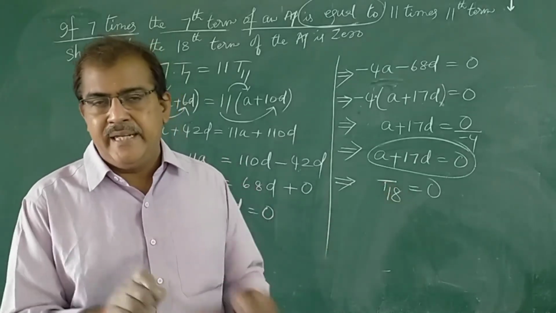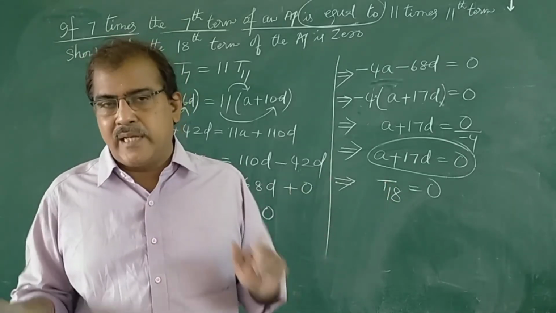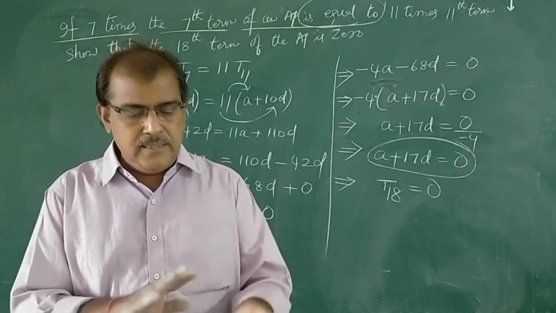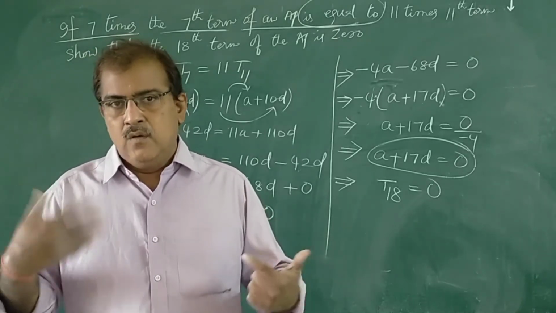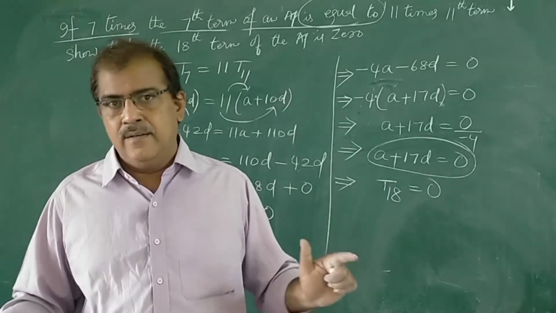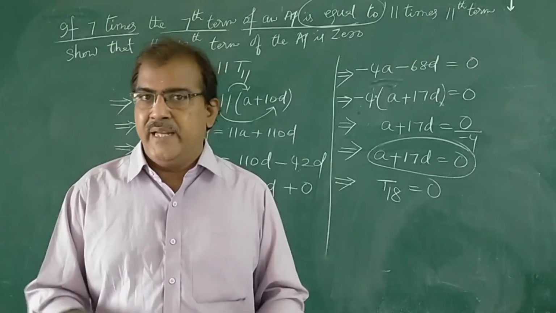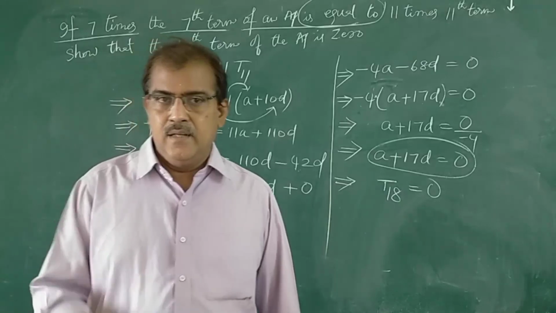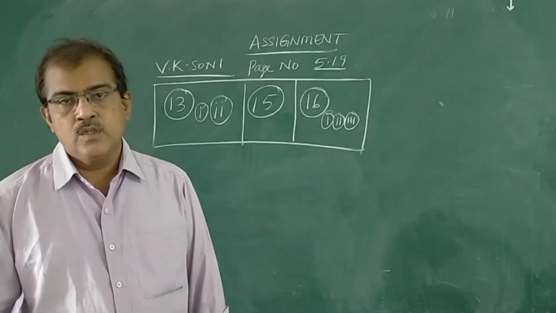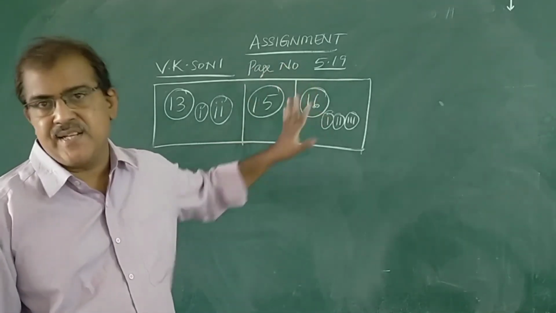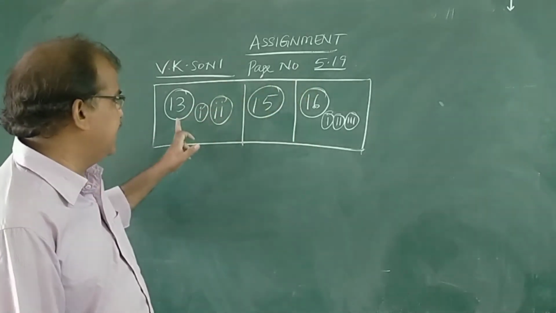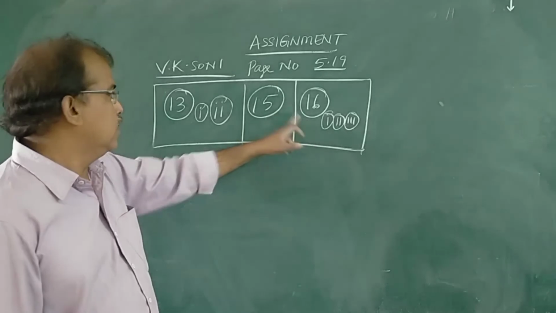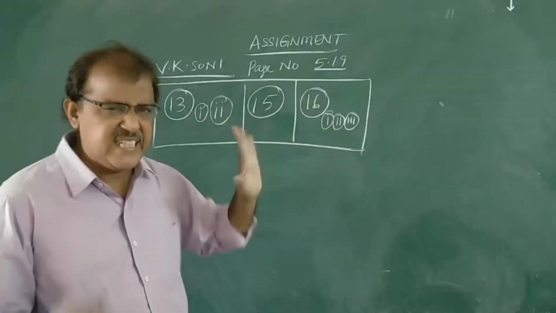Now I will write the page numbers and sums. Try to do them and send them, I will definitely check. You can definitely do it, it is not tough. So this is the special assignment: page number 5.1, 13th question, 15, 16, total 6 questions.